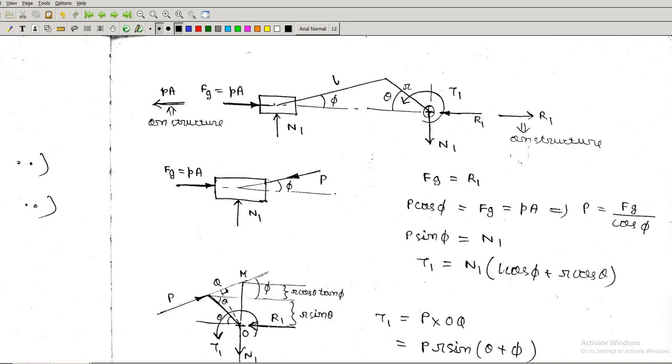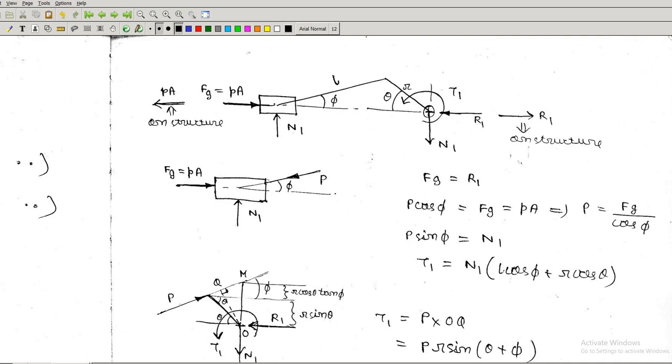N1 is coming on the crankshaft from the bearing. This T1 is acting on the crankshaft from the load, and this N1 is acting on the system we are considering, and it is coming from the bearings. On the bearings the opposite force will go, and here this R1 is also coming from the bearing on the crankshaft. So this R1 is going to the structure which is holding the bearing.